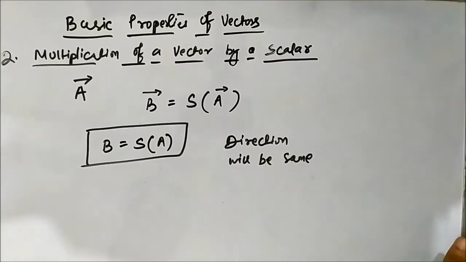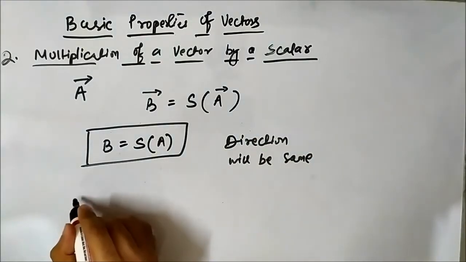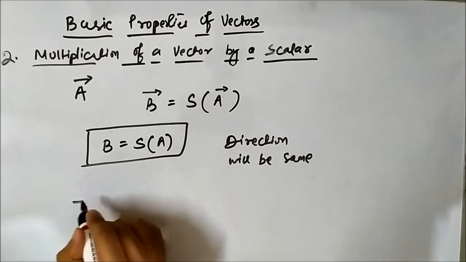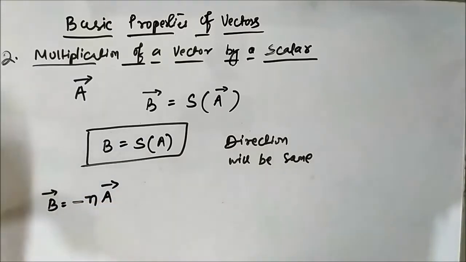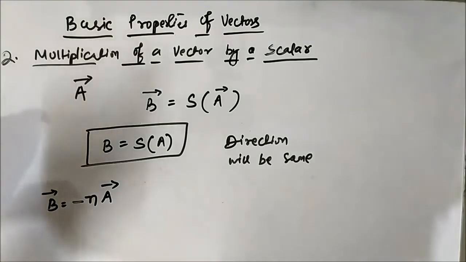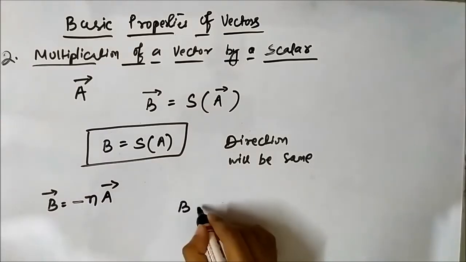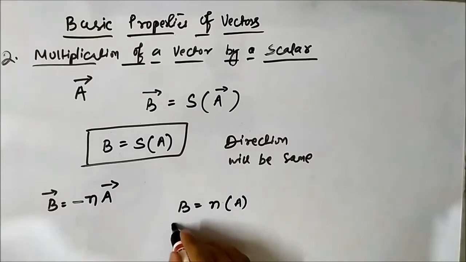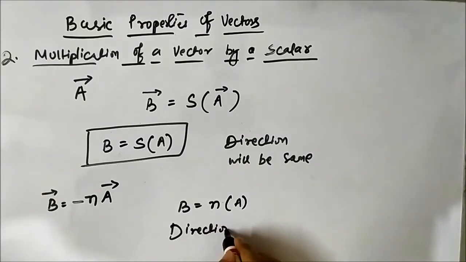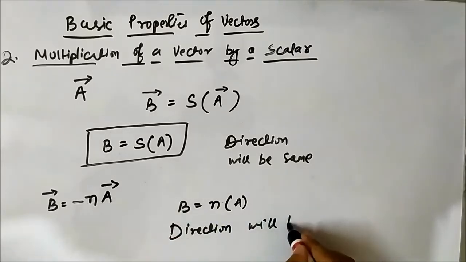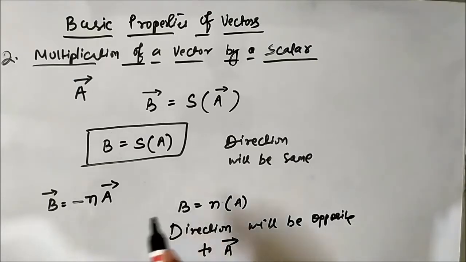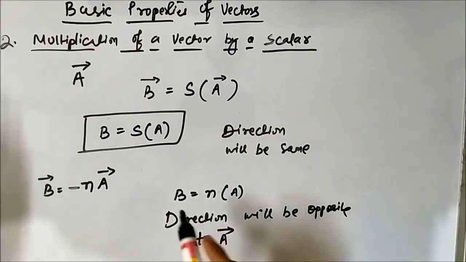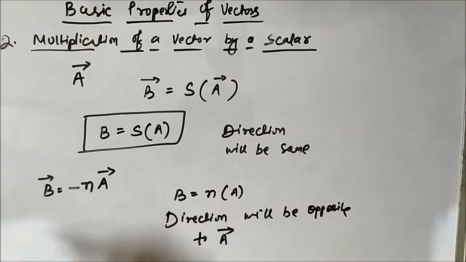Another important point with respect to both multiplication by a real number and a scalar: suppose we multiply a negative real number, let's say minus n, with A vector, and B vector is minus nA vector, then the magnitude of the new vector will be n times A, but the direction will be opposite to A vector because of the negative sign.